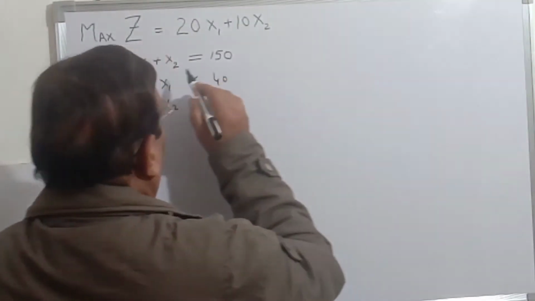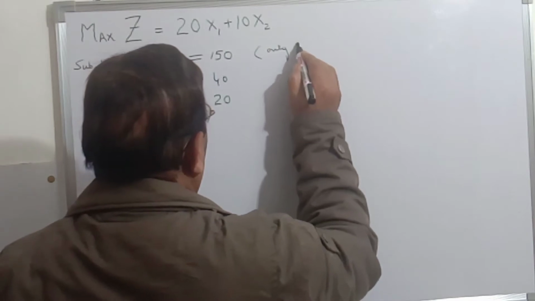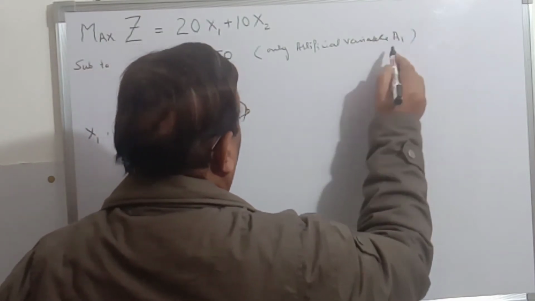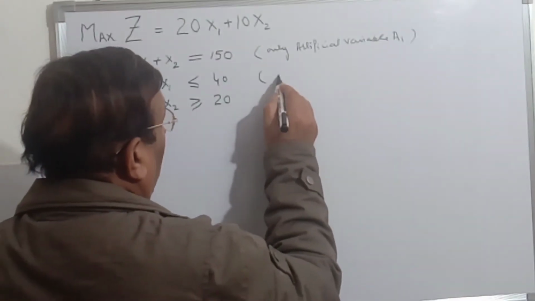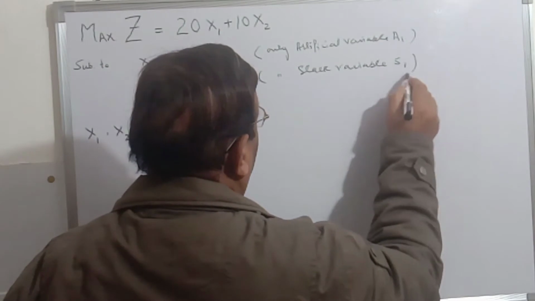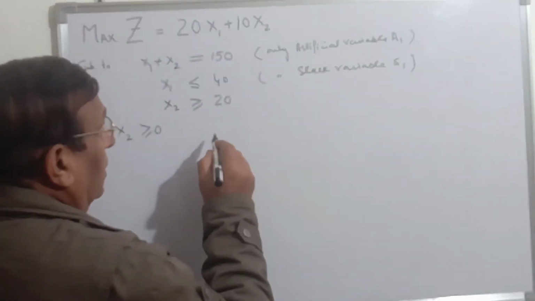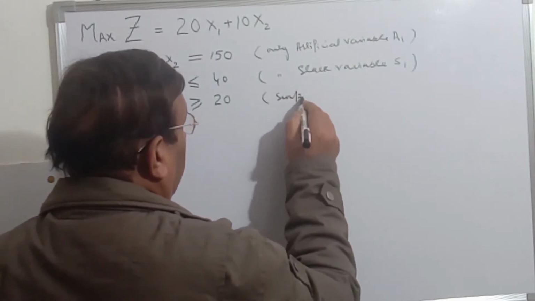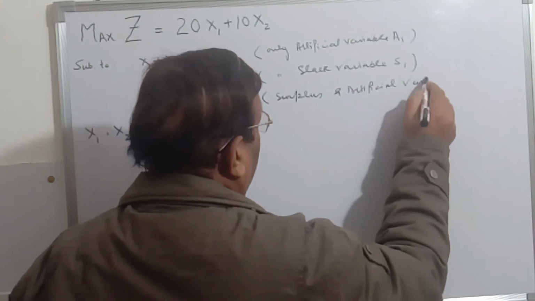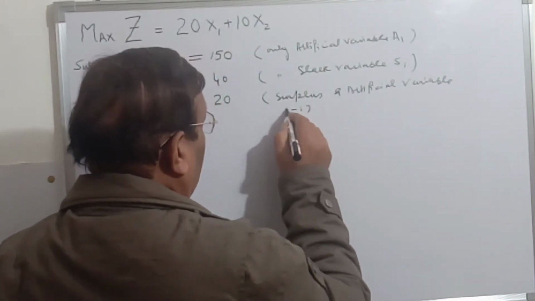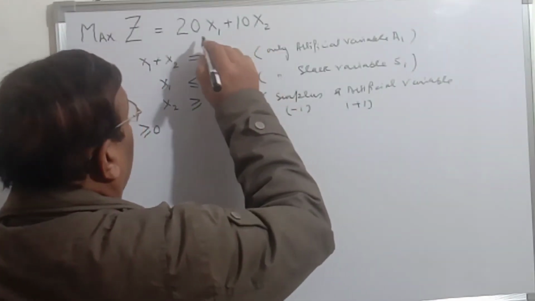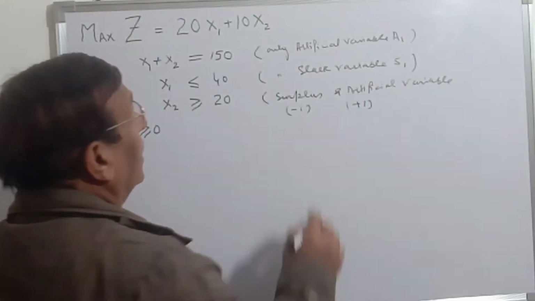So this we have to keep in mind: only the artificial variable a1 with minus m in the objective function; only the slack variable s1 with 0 coefficient in the objective function, 1 in this equation; and the surplus and artificial variable, surplus variable with minus 1 and artificial variable with plus 1 in the equation, and surplus variable with 0 coefficient in the objective function and minus m coefficient for the artificial variable.